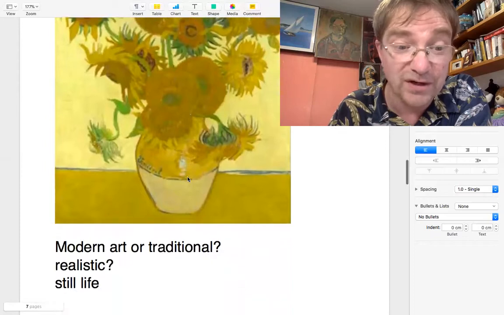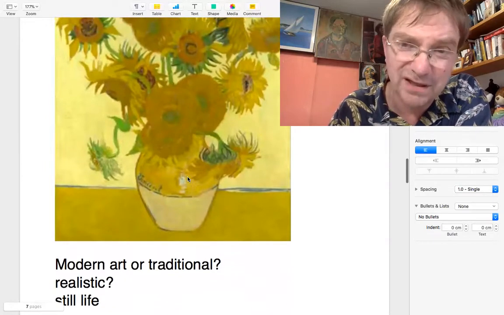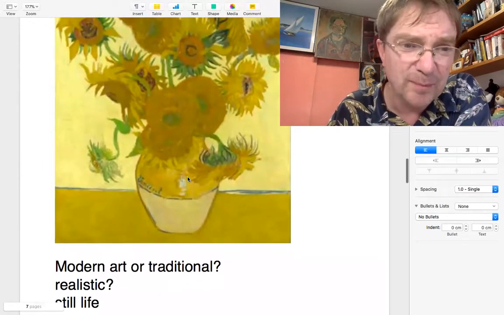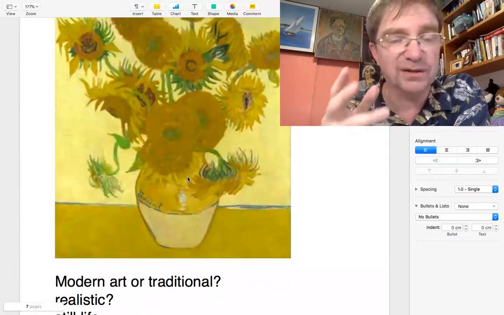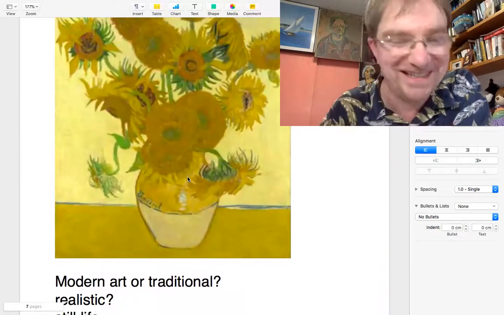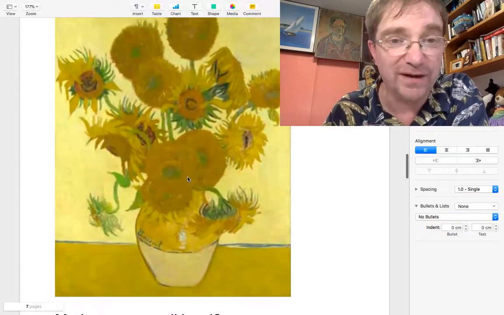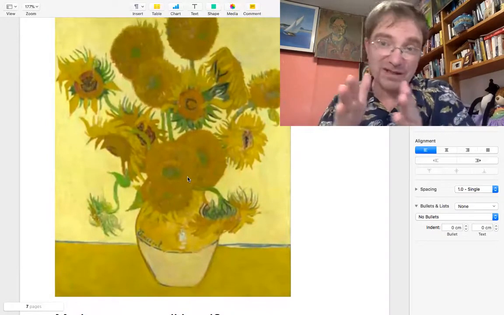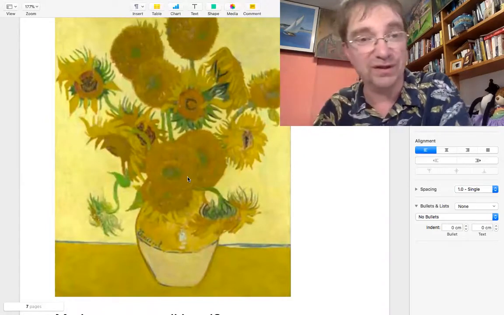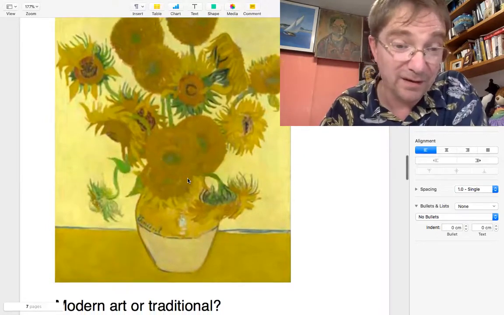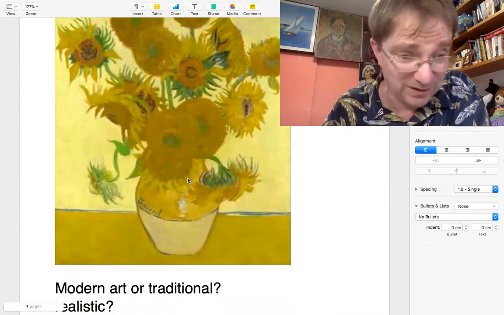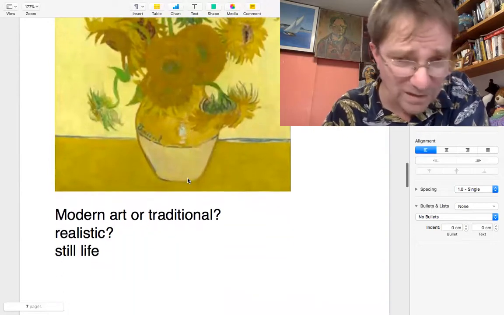But is it realistic? Yes, but I don't know. It's between the two. So you can see that Van Gogh is into the more modern, rather than the old traditional pictures. You'd have to see more pictures to show you, but anyway, we don't have time.